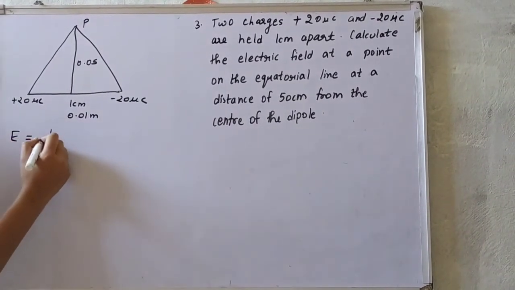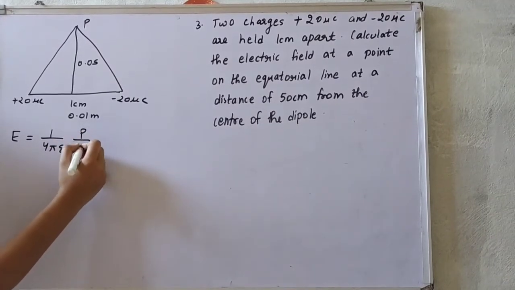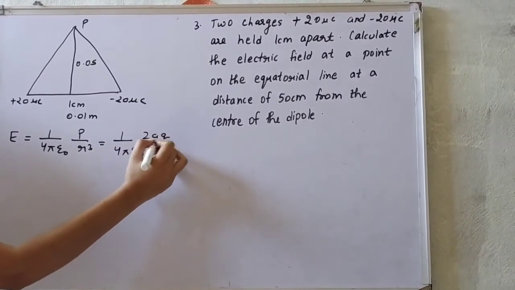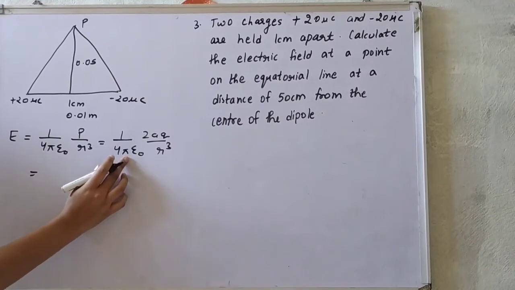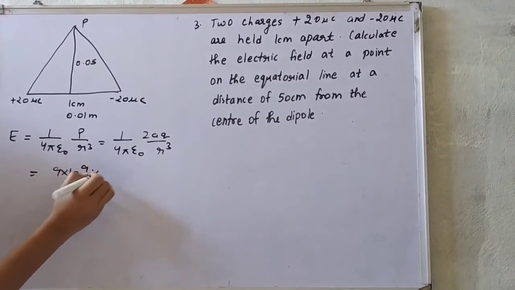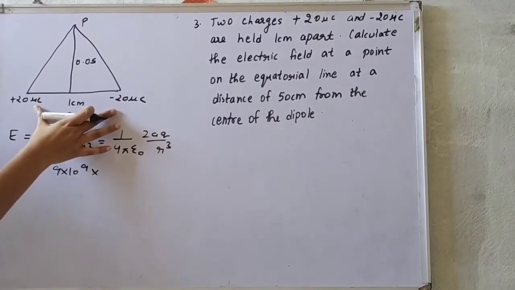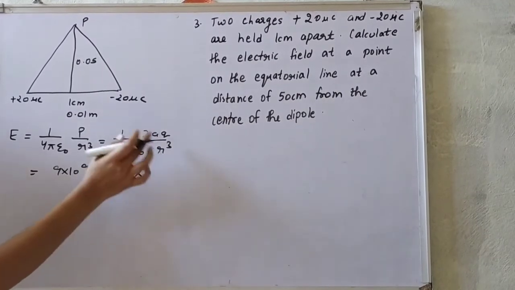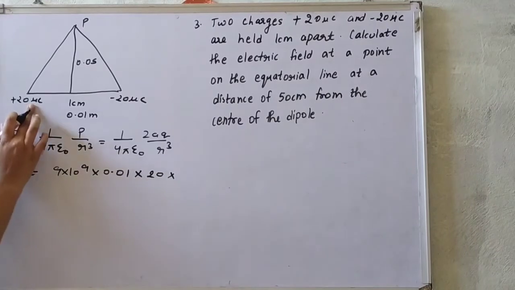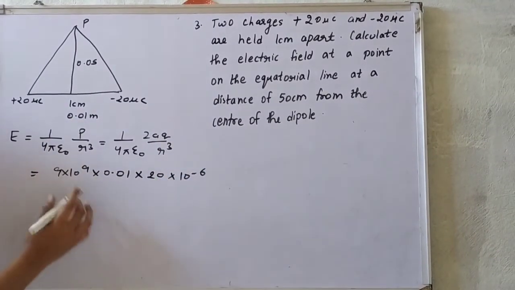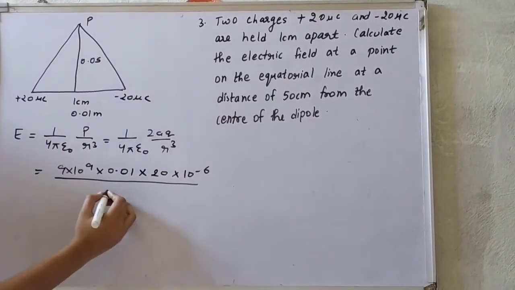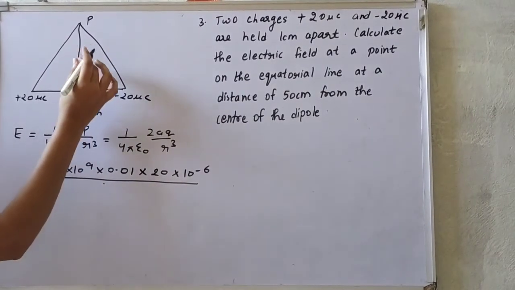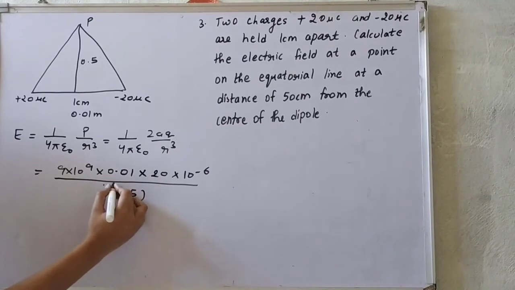To calculate the electric field, 1 upon 4 pi epsilon naught times p upon r cube, where p is equal to 2aq upon r cube. 1 upon 4 pi epsilon naught means 9 multiplied by 10 raised to power 9. 2a is the distance between these two charges, which is 0.01, multiplied by q, the magnitude 20 micro, so 10 raised to power minus 6, divided by r cube. r cube means 0.05 whole cube.